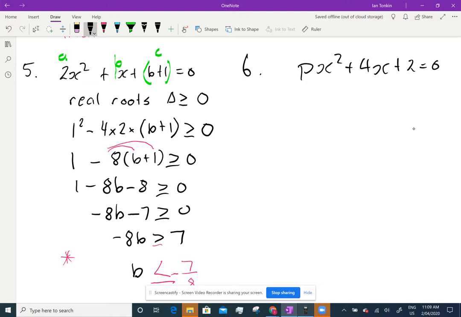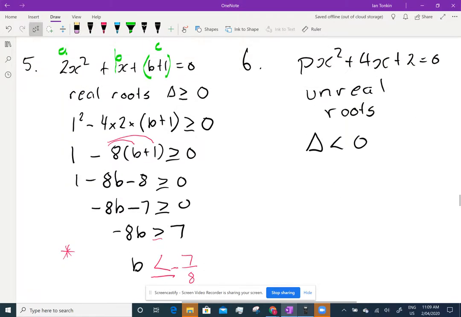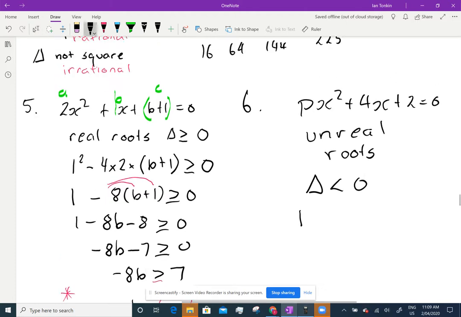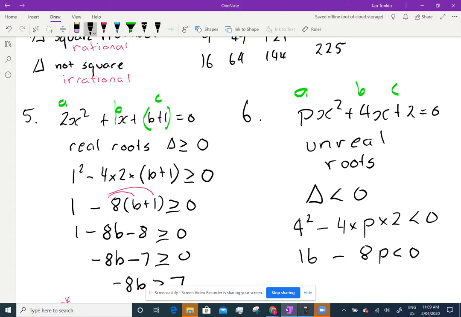Well, for unreal roots, the discriminant is less than 0. So therefore, b squared minus 4ac, and what am I, a, b and c? So 4 squared minus 4 times p times 2 has got to be less than 0. 16 minus 8p less than 0.